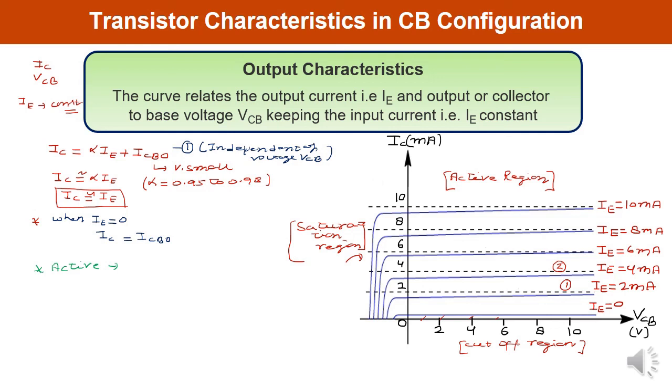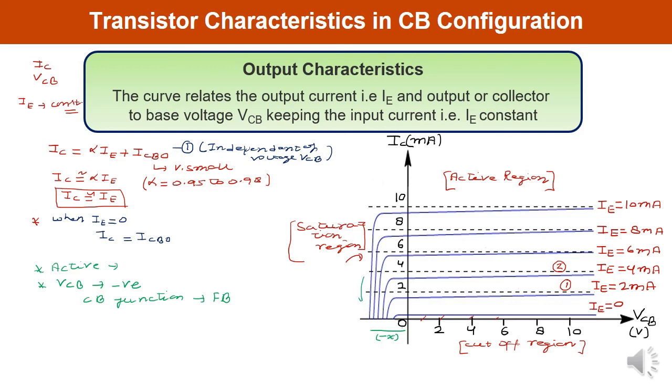But what happens when VCB is negative? You can see VCB is negative when you are observing along the minus x-axis. In this case, the collector base junction which was earlier reverse biased will now be forward biased, and it causes collector current to decrease rapidly.